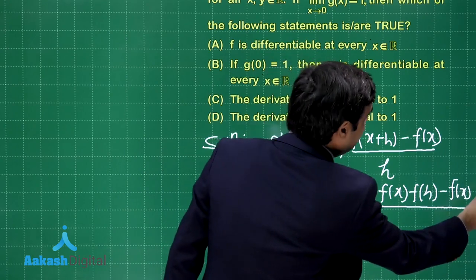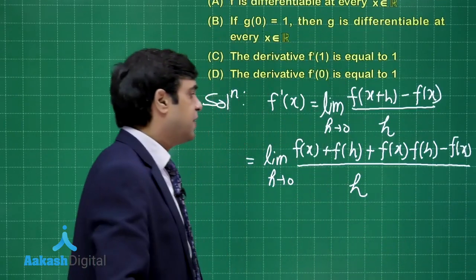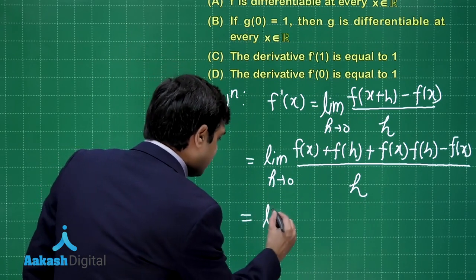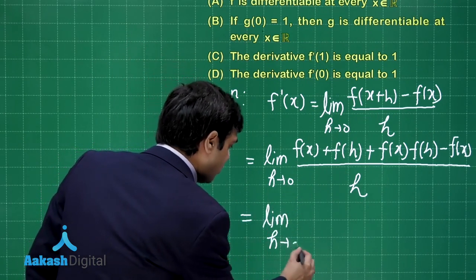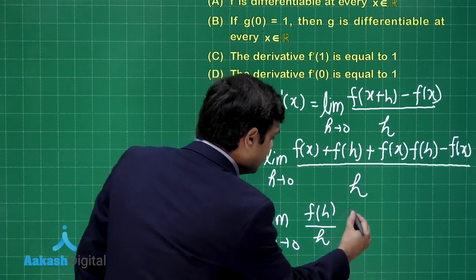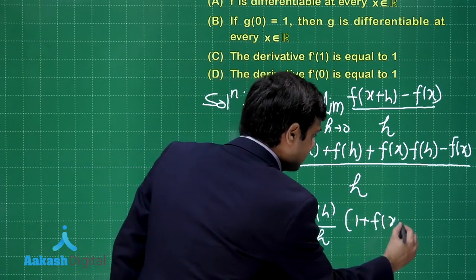Fx is cancelled. What we are left with? Fh plus fx into fh upon h. So limit h approaching to 0, fh by h into 1 plus fx.